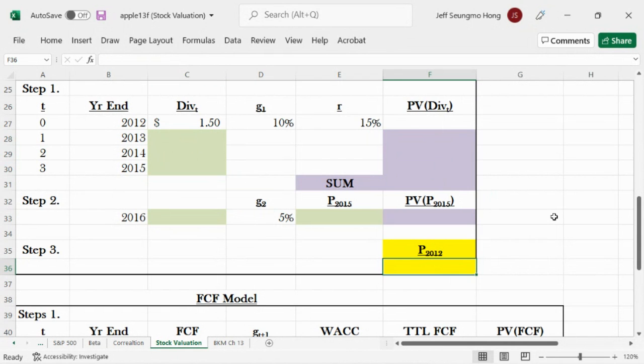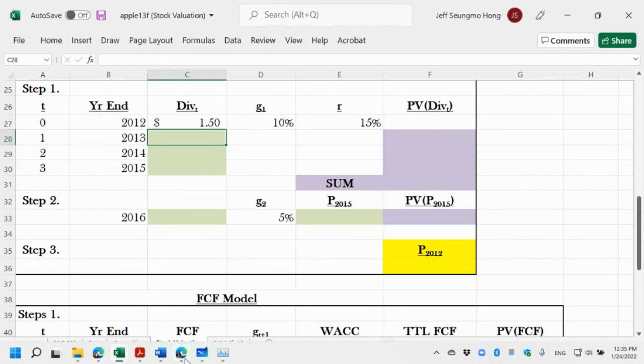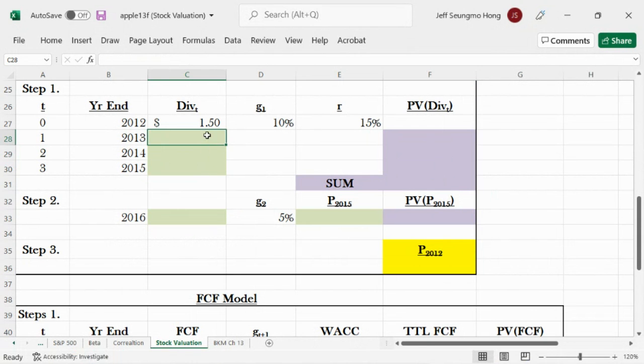Okay, so did you clear out all the highlighted cells? Delete all the highlighted cells, please. And if you're ready, okay, so let's go a little fast.